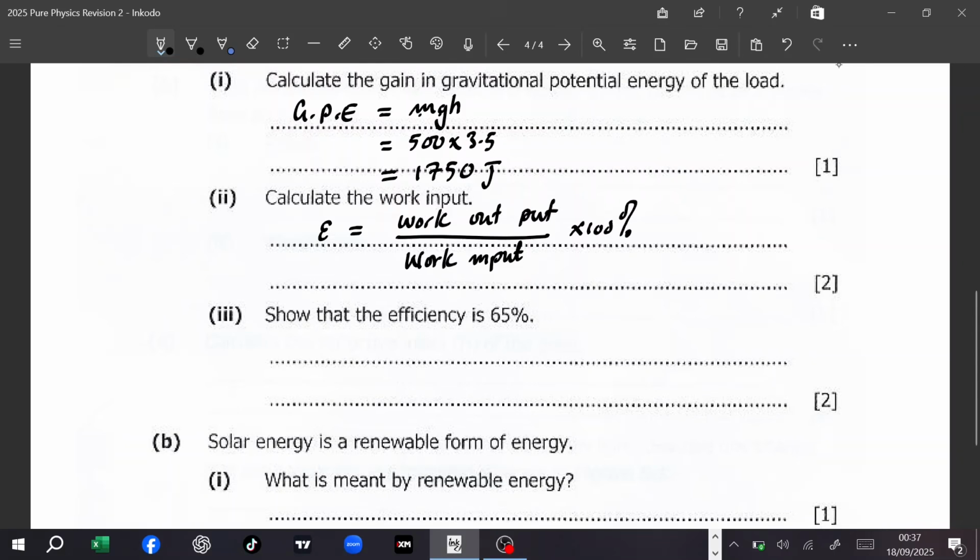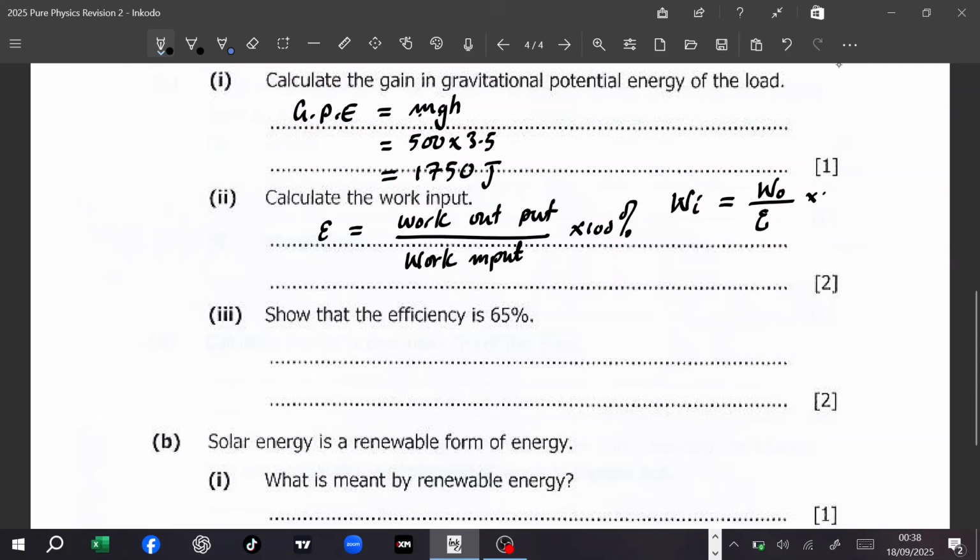If we make work input the subject of the formula, work input is equal to work output over efficiency, times 100.